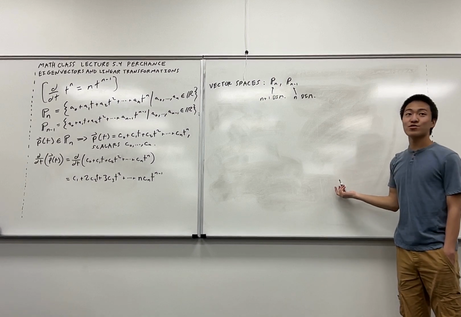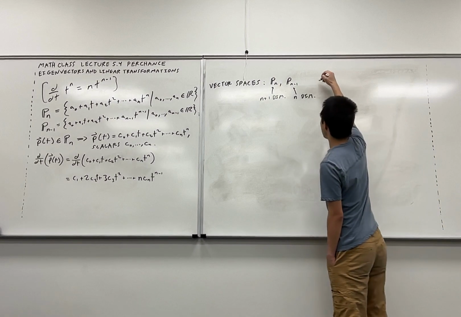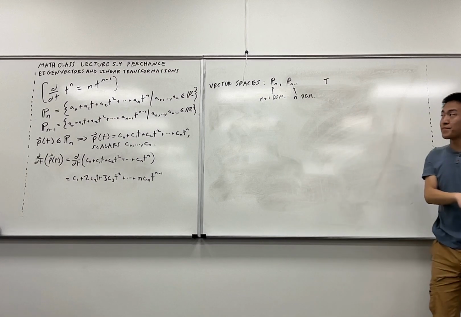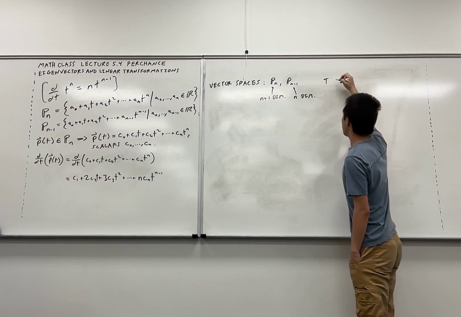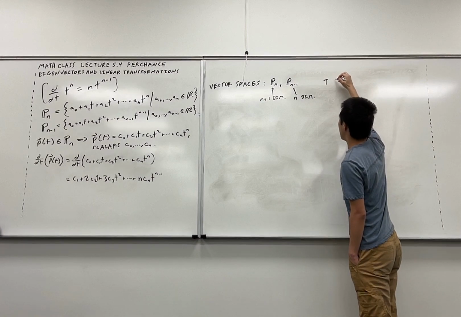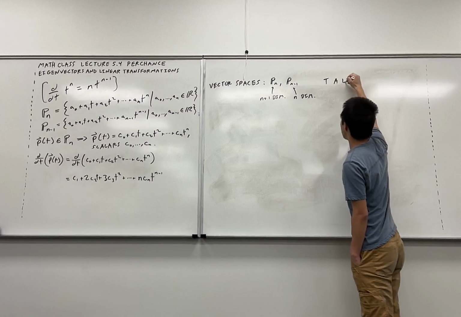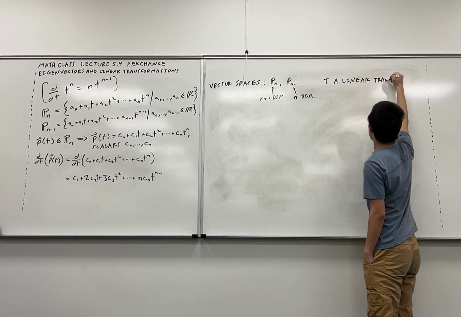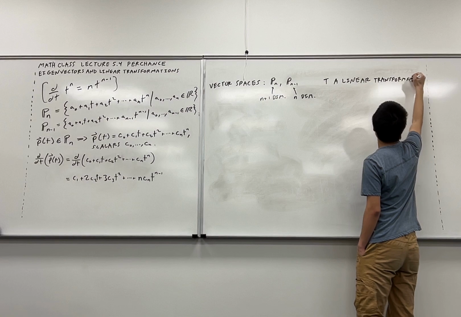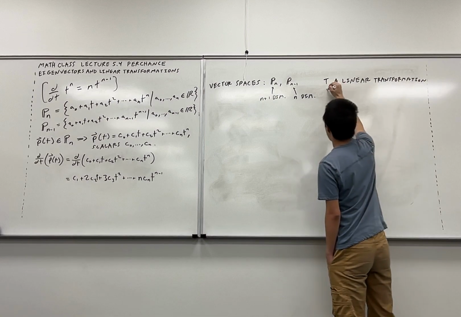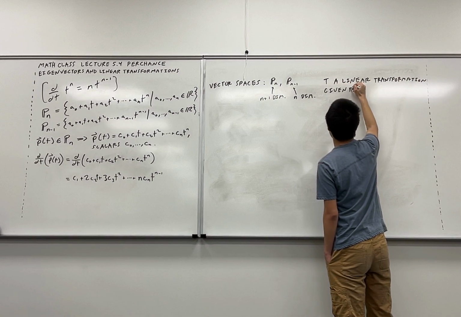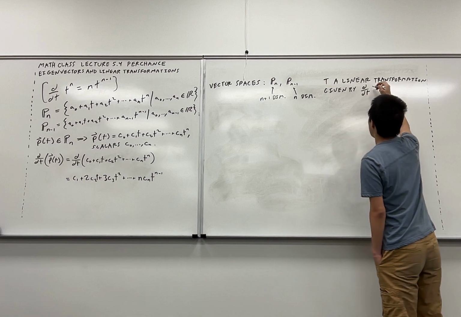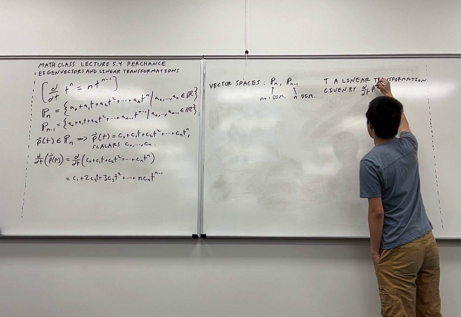Let's now think. Do we have a linear transformation? Yeah. Let's call the linear transformation of differentiation T. So T is going to be relating a linear transformation given by the derivative, basically, d dt of a polynomial.